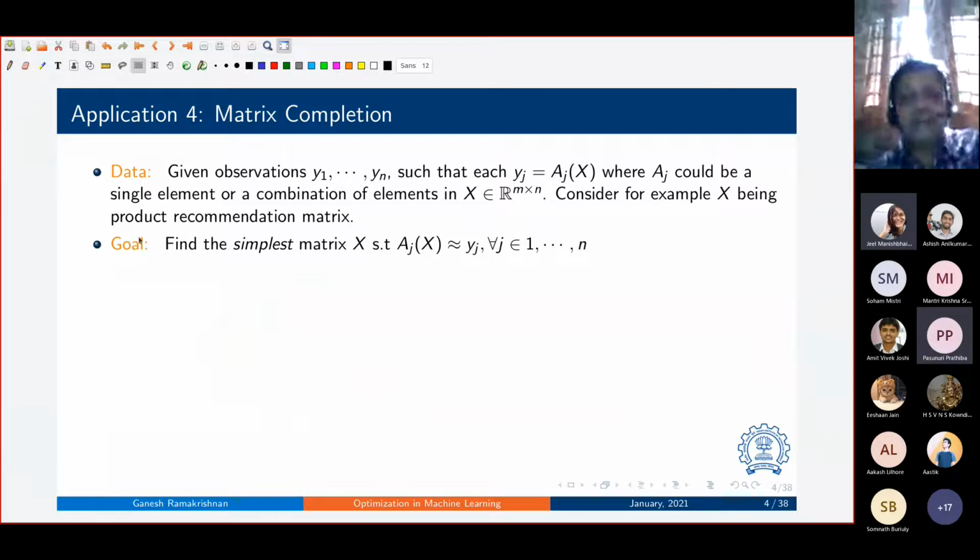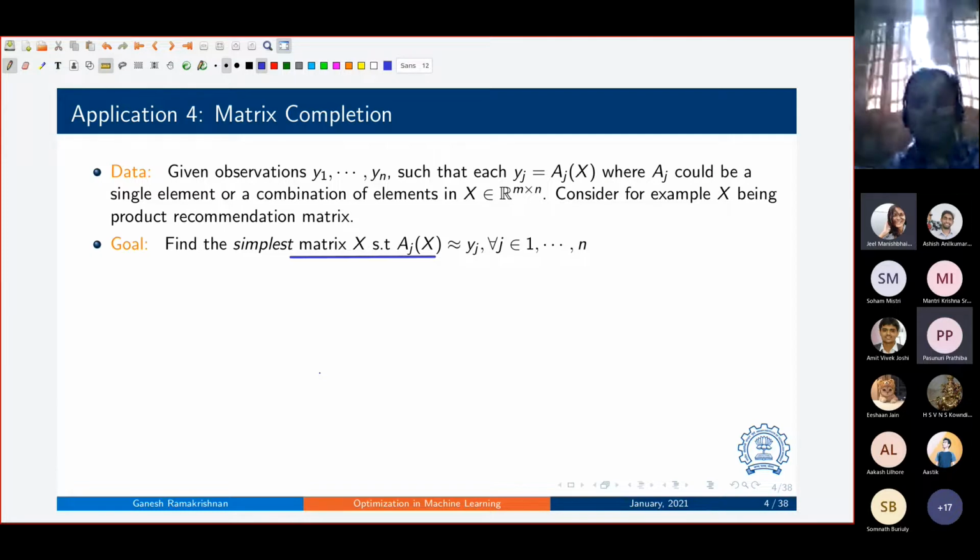So the idea is to find the simplest matrix X such that Aij X is Yij. Since our focus is completely on X, and as I said, the Aij could just become an identity transformation, we'll continue this. How do you exactly characterize simplicity?